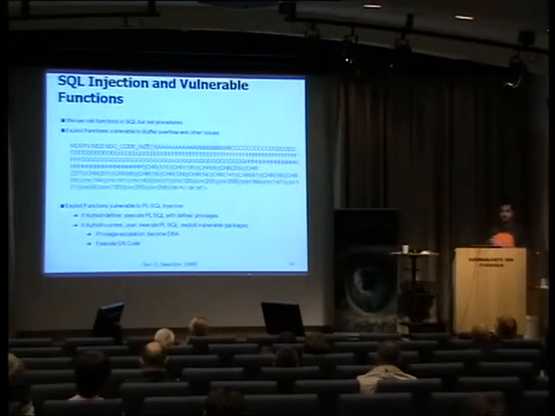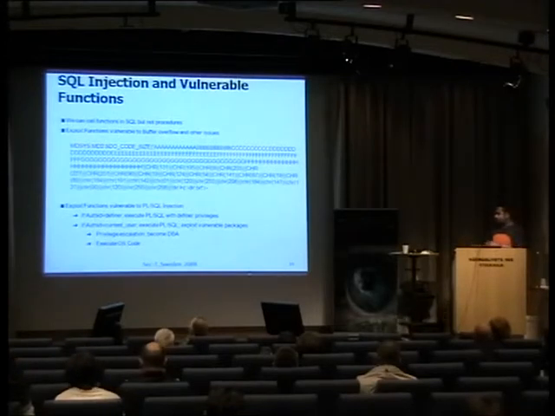Second case, if that function is not defined by a high privileged user, or is defined by a high privileged user but has auth ID current_user, then you can execute PL/SQL, but your PL/SQL will be executed with your current privileges. So it's not a direct privilege escalation.